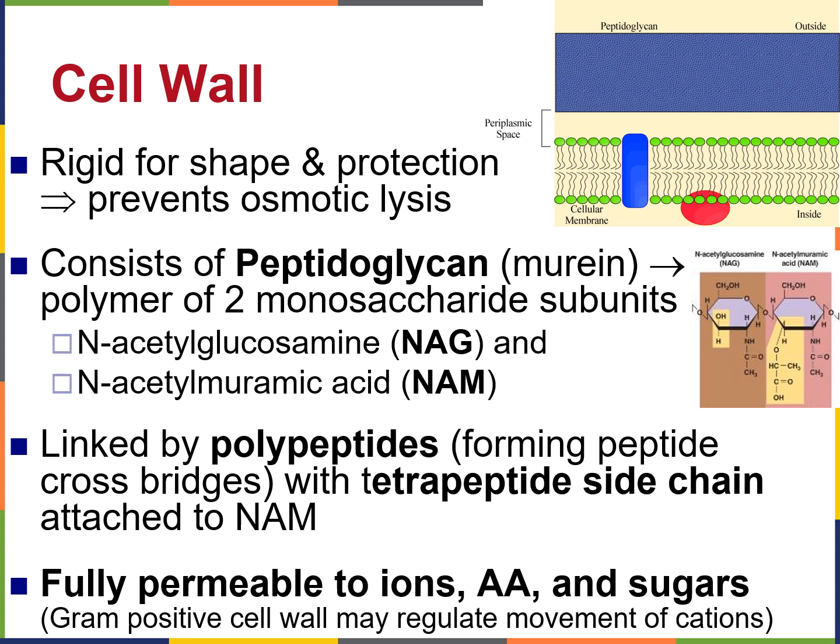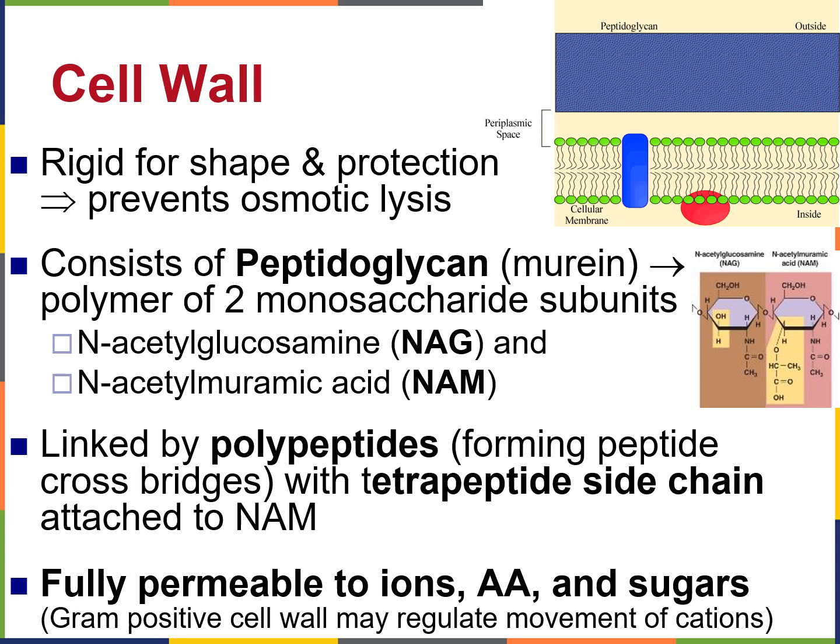Okay. And so on the next slide, I have a picture of the cell wall, and you will actually be able to see how the NAG and NAM come together to form the backbone of the peptidoglycan. So the NAG and NAM, they alternate. You'll have a NAG unit and then a NAM unit right next to the NAG.